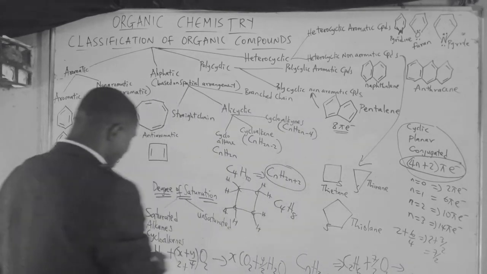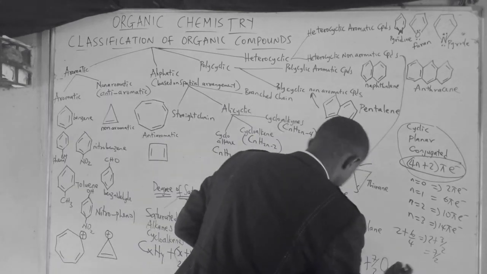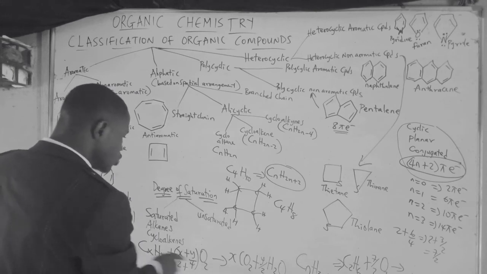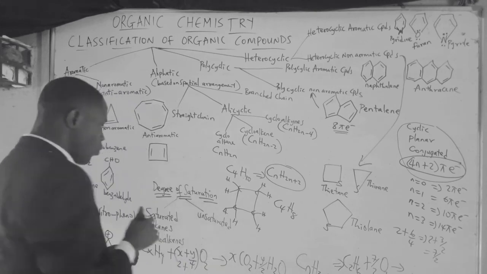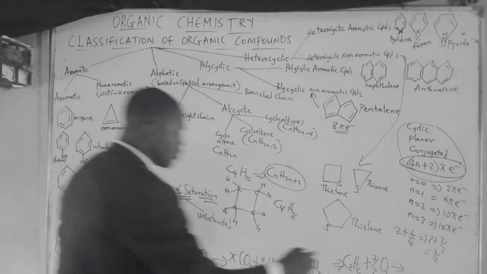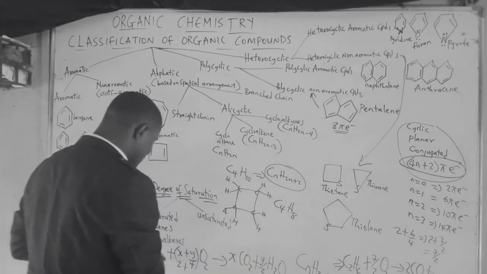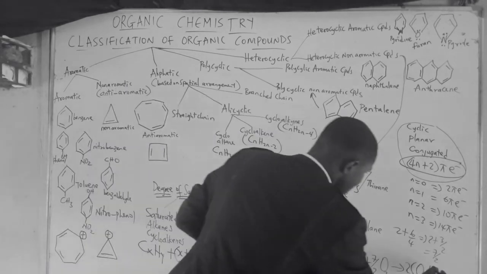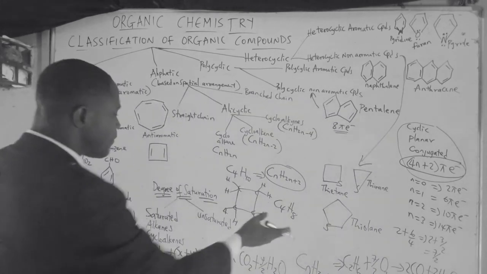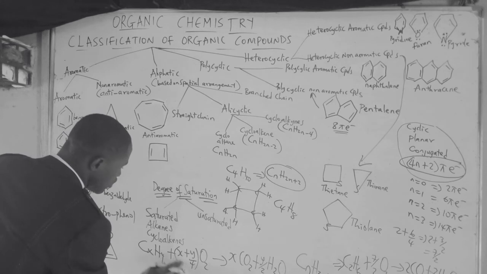Then x is 2, so we have 2 CO2. And y is 6, 6 over 2 is 3, so 3 H2O. So that is how we apply this combustion equation shortcut. Okay?